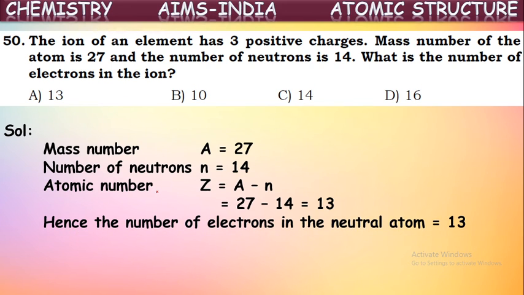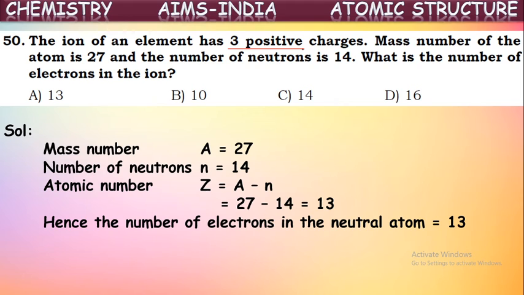It means it will have 13 electrons in its neutral state, because in the neutral state atomic number is equal to proton number and also to electron number. So it will have 13 electrons in its neutral state, but they have shown here a 3 units positive charge, which means it has lost 3 electrons.